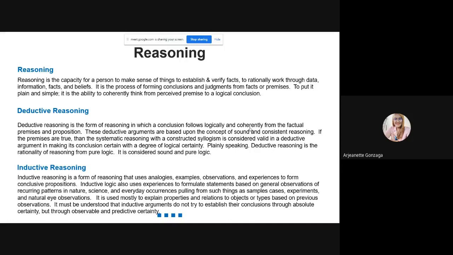It is used mostly to explain properties and relations of objects or types based on previous observations. And it must be understood that inductive arguments do not try to establish their conclusions through absolute certainty, but through observable and predictable certainty.